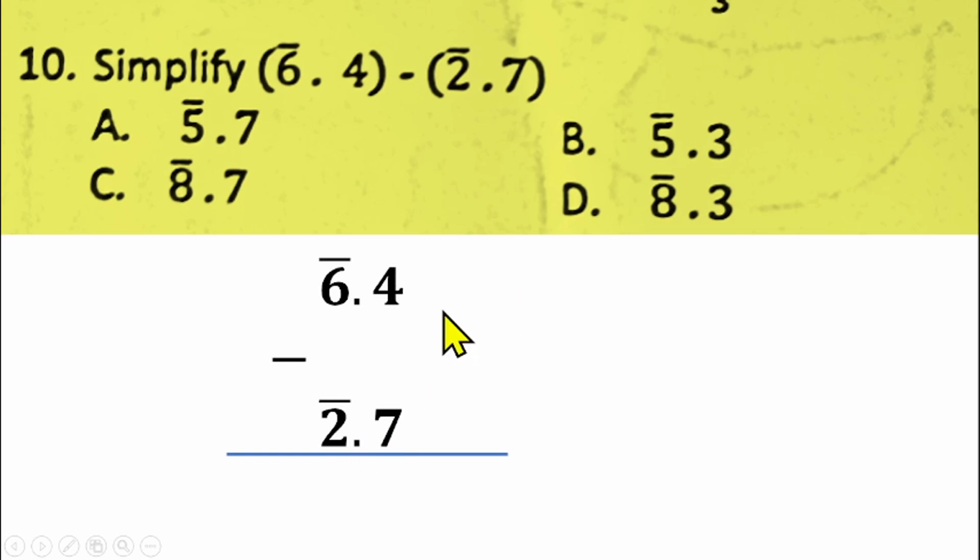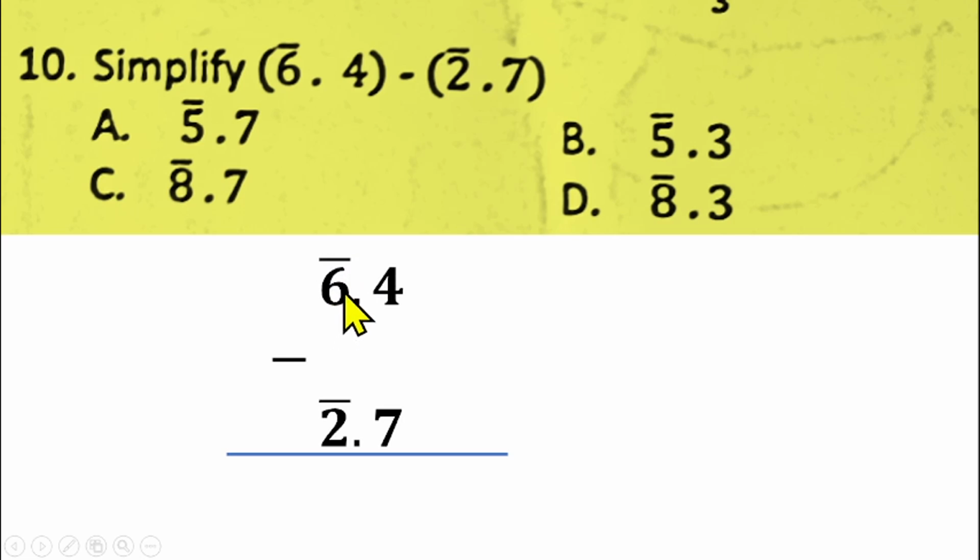It's very simple. If you remember logarithm in SS2, logarithm of numbers less than 1, that's where we have numbers with bars. So let's start. 4 minus 7 is impossible. You cannot remove 7 from 4 in this way. Then that means we need to borrow from here, knowing fully well that bar 6 is representing minus 6.